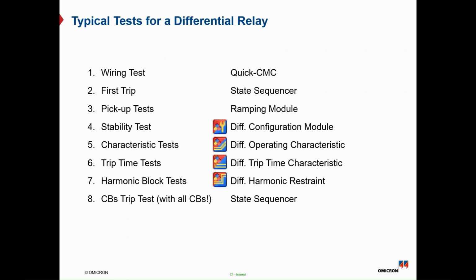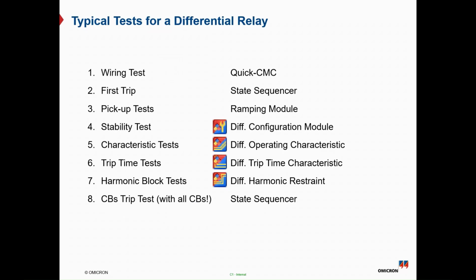All differential modules have a similar user interface and can be used easily as soon as handling any one of the modules has been learned. You can use this experience for all other 4 modules, and it consists of a lot of dedicated modules.